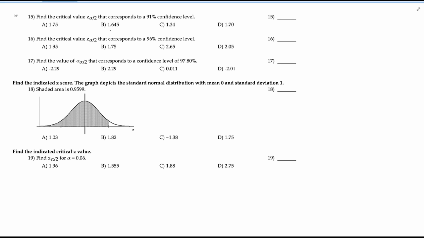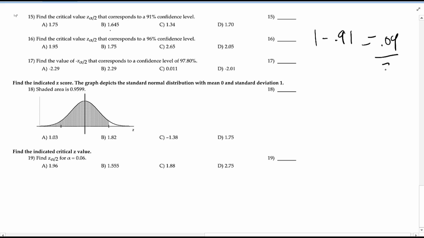All right, right here, let's find the critical values for a 91% confidence level. So we take 1 minus 0.91. What is that called? That is the area in the tails, which is 0.09.